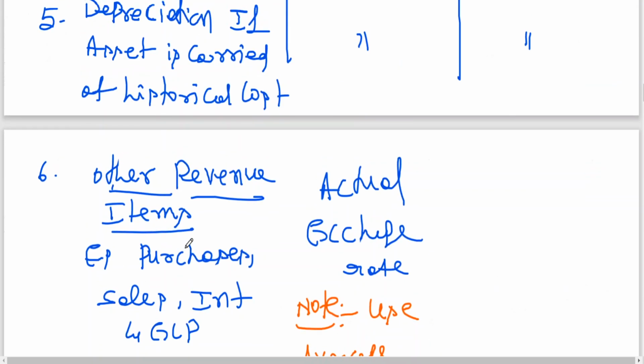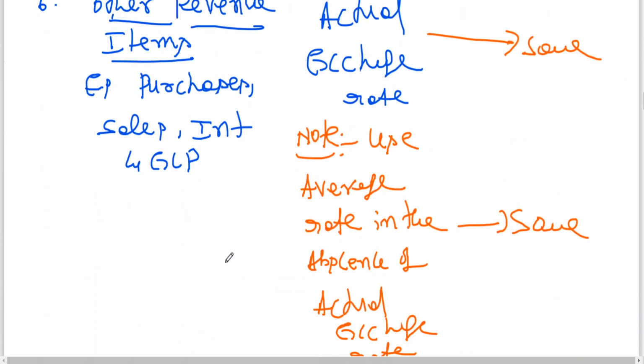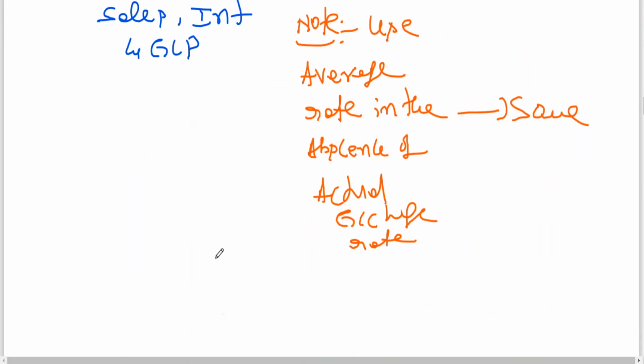Here also same. Same for non-integral also. I told you what is that? Actual exchange rate, or use the average rate in the absence of actual exchange rate. This is applicable for integral foreign operation, non-integral foreign operation. Sixth is complete.